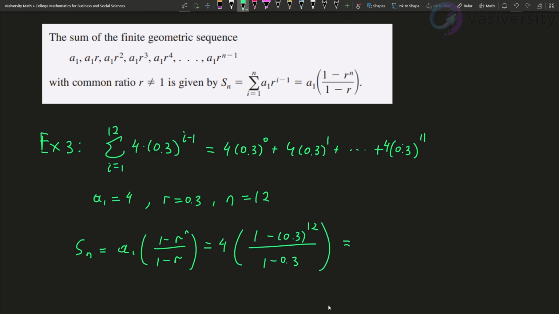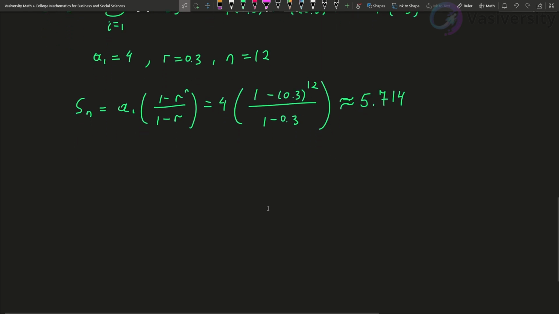If we plug that into the calculator, we get approximately 5.714. Now you can try this problem on your own: the sum from i equal to 1 to 10 of 2 times 0.25 to the power of i minus 1. Try to use the same method, and you will get the answer.